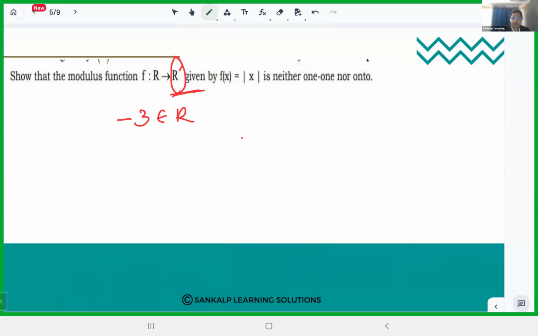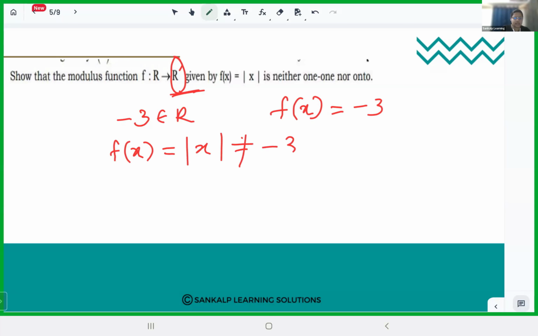Can you find an x such that f of x is equal to minus 3? Is there any x like that? No, right? f of x is the modulus function, and the modulus function can never be equal to minus 3. It can take any values, but you will get only positive values.